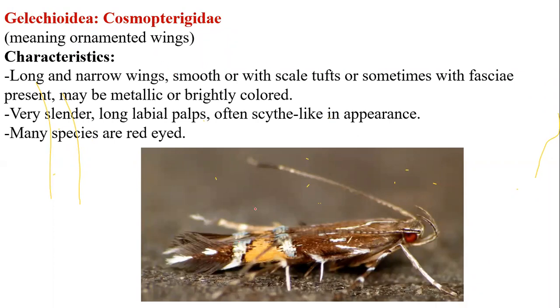You are seeing here that this moth is showing ornamentation on its wing pattern, and I think that among the species which belong to superfamily Gelechioidea, the most beautiful species belong to this family, because they have very beautifully patterned forewings. And you are seeing that I am showing you some.